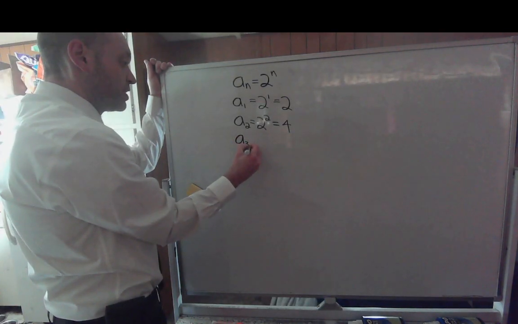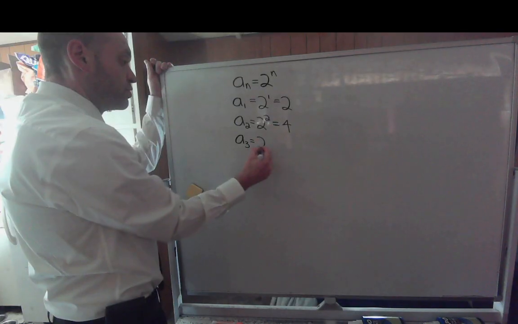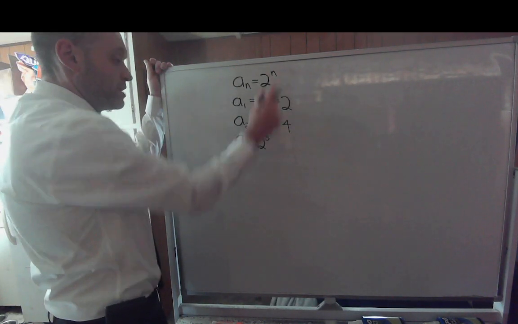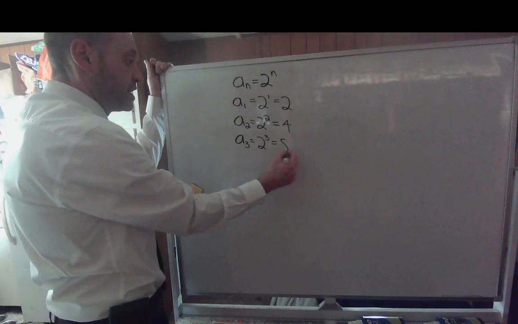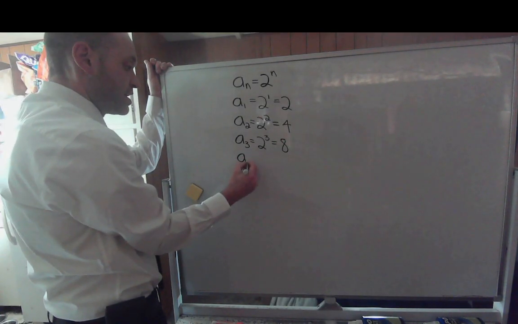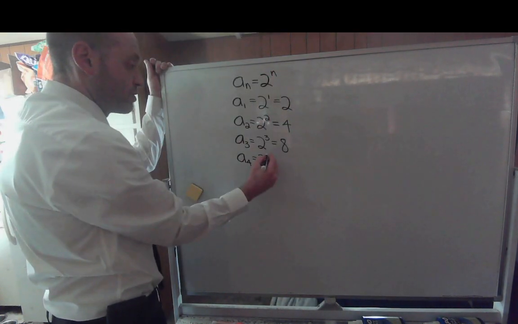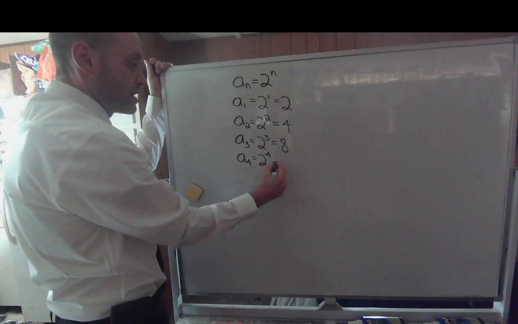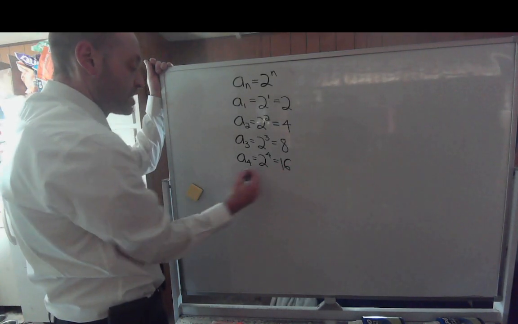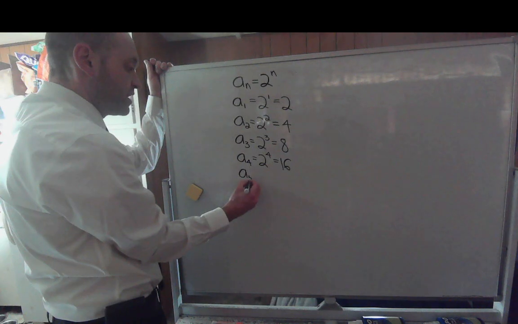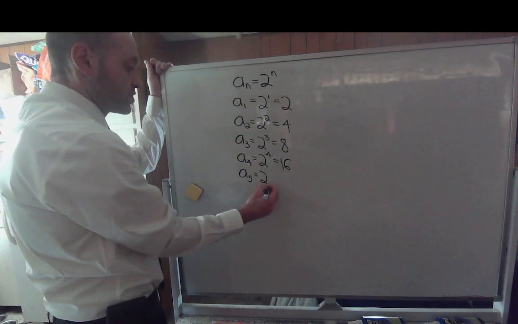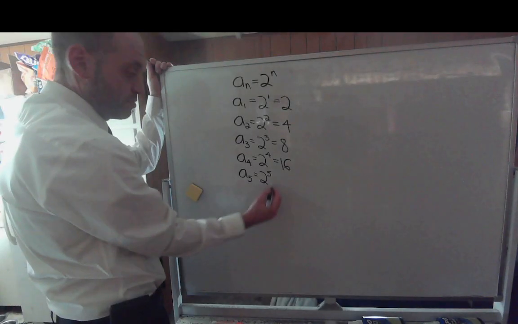A sub 3 is going to equal 2 to the third, because that's the third term, so that would be 8. A sub 4 would equal 2 to the n power, or in this case 2 to the fourth power, that would be 16. And then a sub 5 would be, of course, 2 to the fifth power, which would be 32.